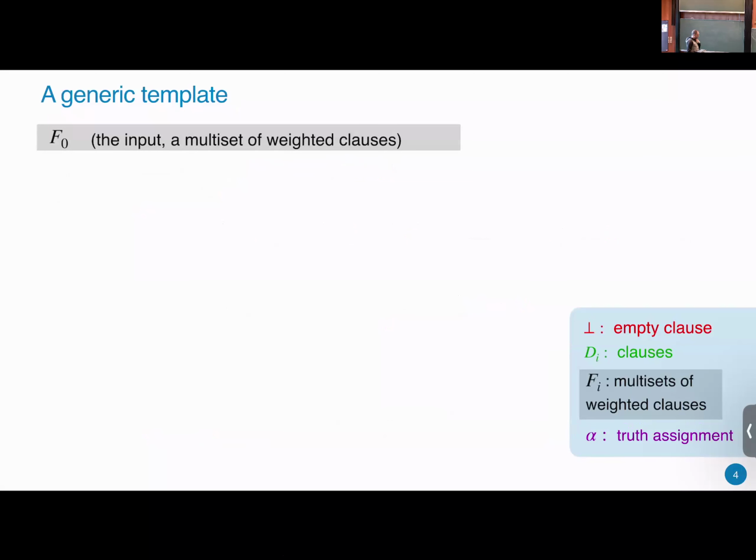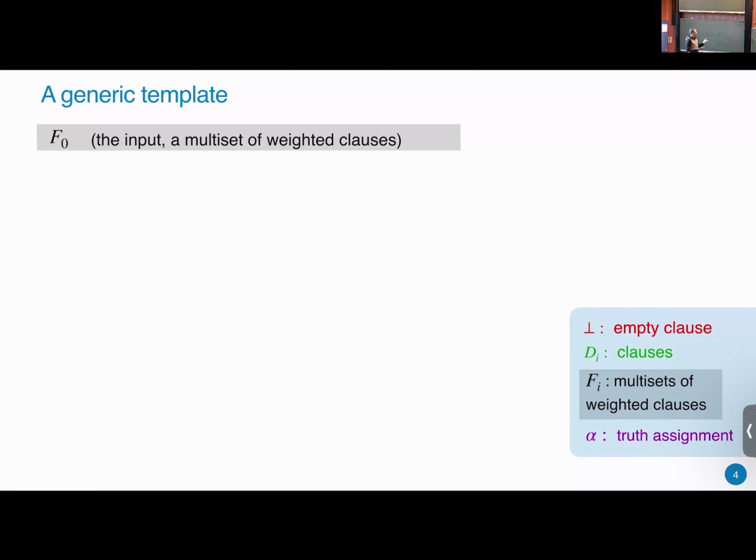So yeah, it's a generic template of how to construct proof systems that will work for MaxSAT. This will be a framework that is kind of like a memory configuration thing. At the beginning, at time 0, there will be a multi-set of clauses, the input.